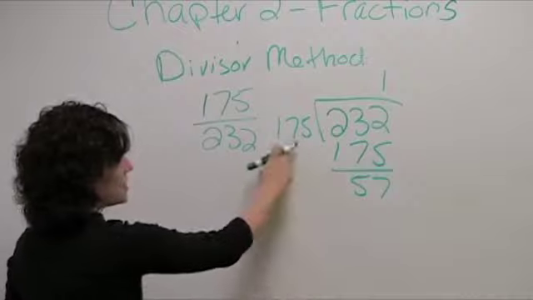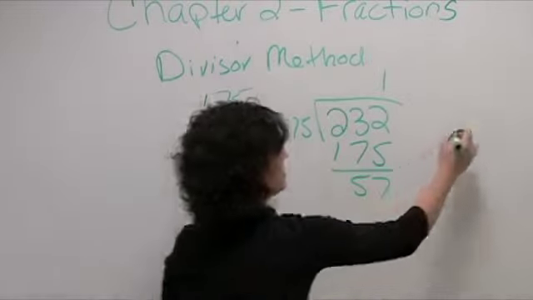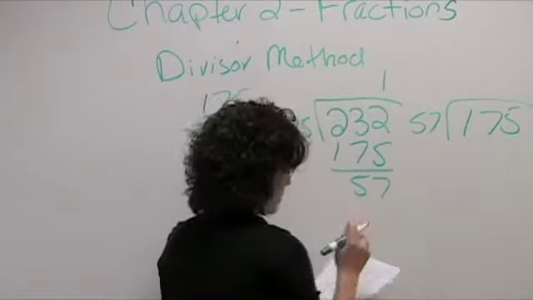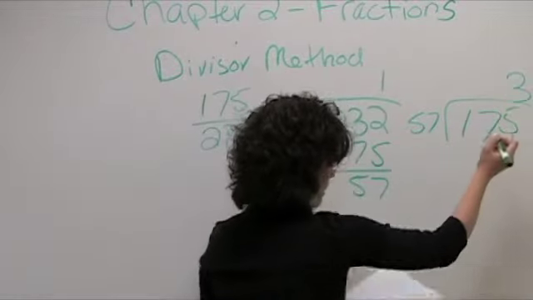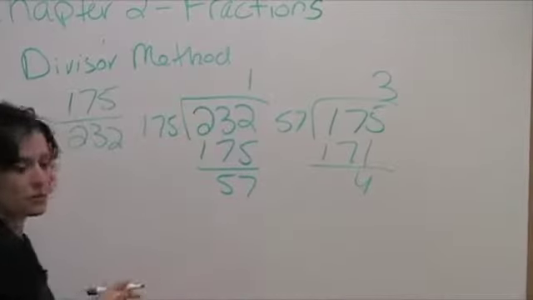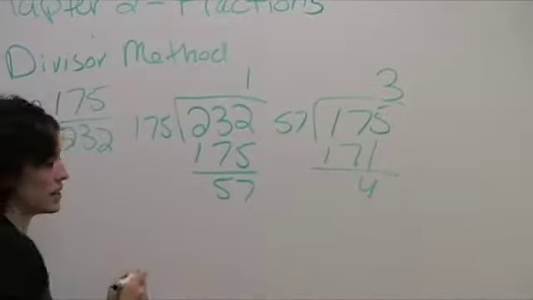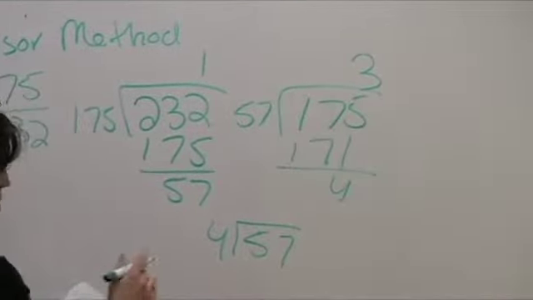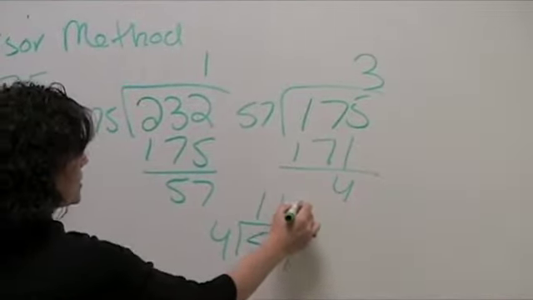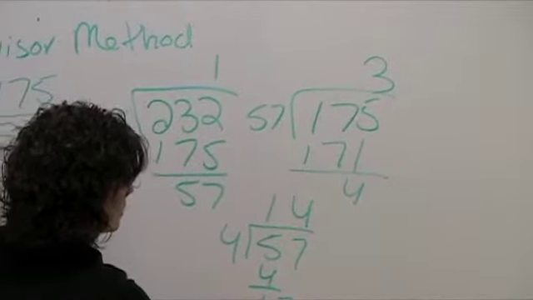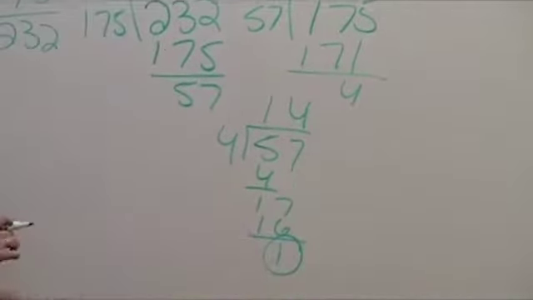Now I'm going to take 57 and divide that into 175. If I work through this, it should go 3 times, and I get a remainder of 4. Now I'm going to divide 4 into 57. This can go in 14 times, and my end result is a 1.